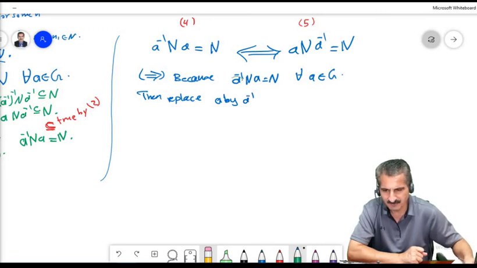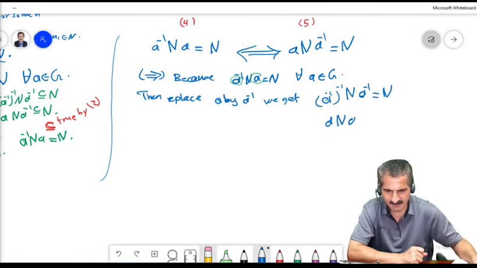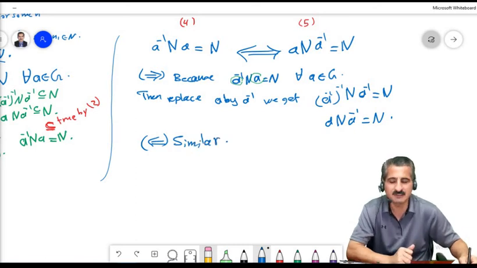So simply replace this by A inverse. We get A inverse n, A inverse here equals n, and then we are done. This is A inverse A inverse equals n. Then we get 5. Now the opposite direction is very similar. Just replace A by A inverse.